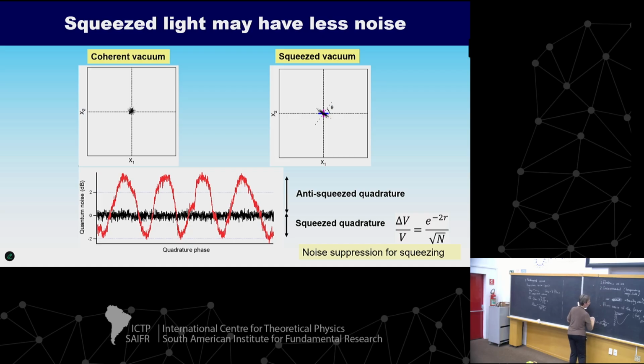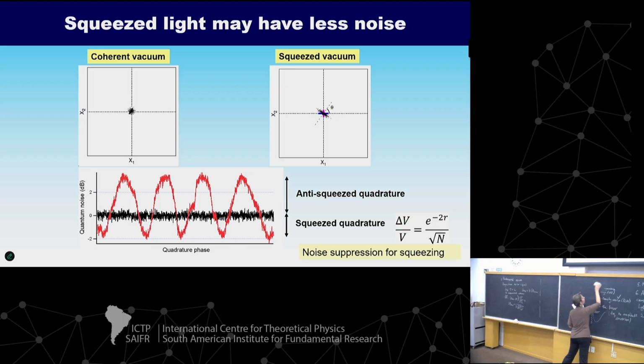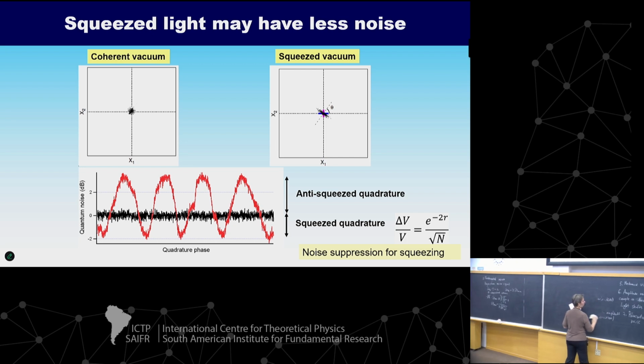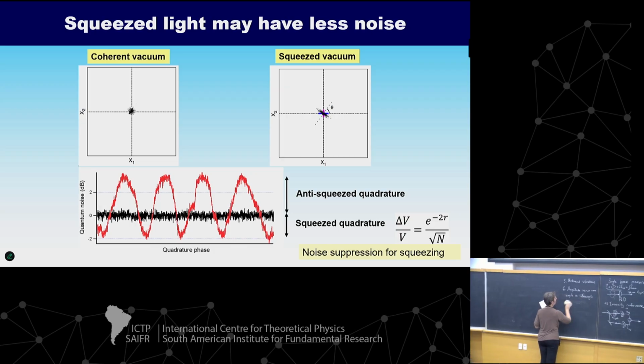Because we need to choose which quadrature we detect, we need some sort of a reference for the phase. So that's why in our system, we will need to introduce a local oscillator, which will be our reference, and it also will allow us to amplify our weak vacuum field.